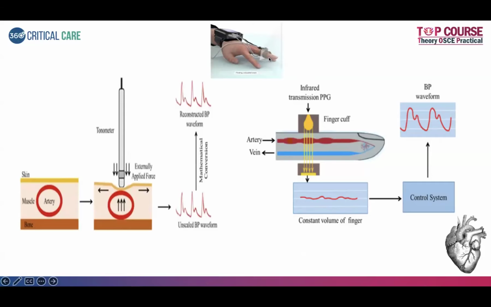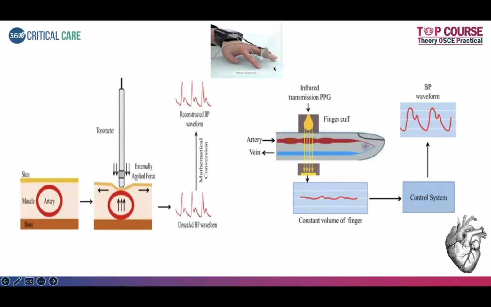And the second is the cuff, which is tied and continuously gives pressure to get an arterial blood pressure waveform. If you see this picture, there is a cuff tied across the finger, where an external pressure tonometer is being applied, and you can see that a BP waveform is being created based on the pressure applied.